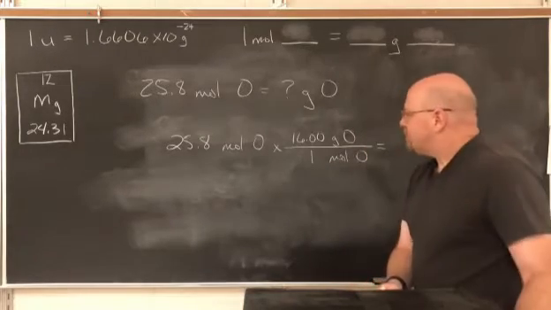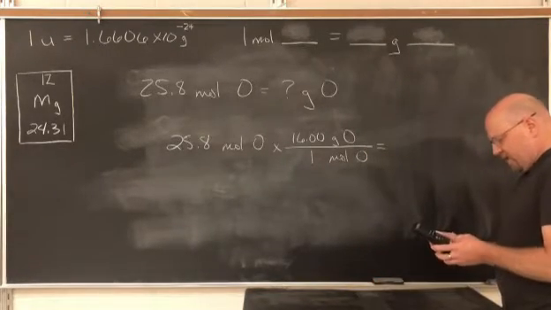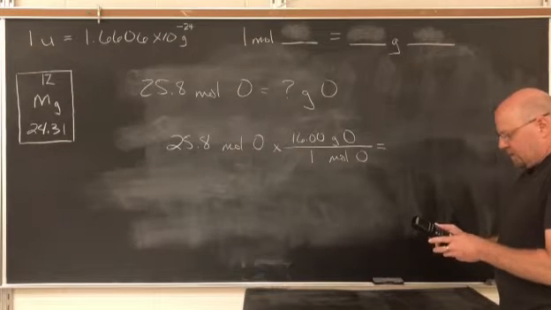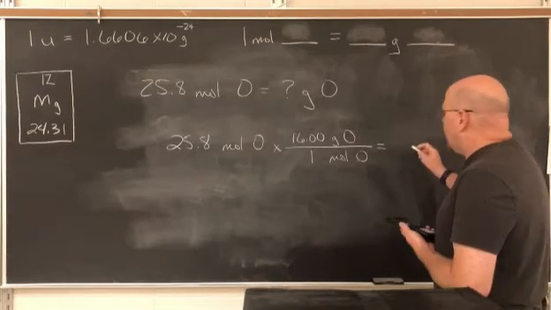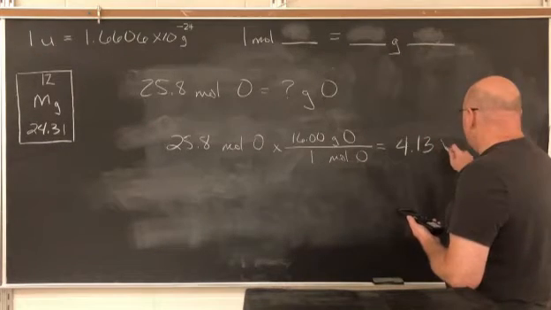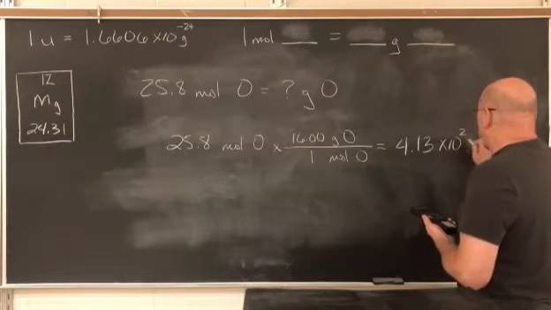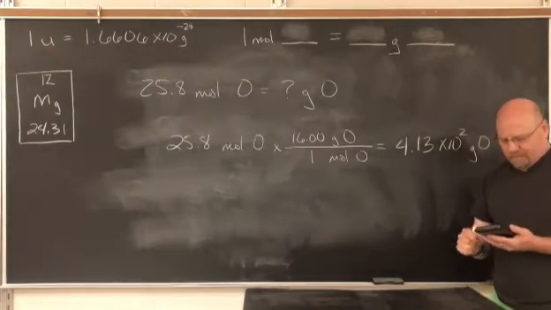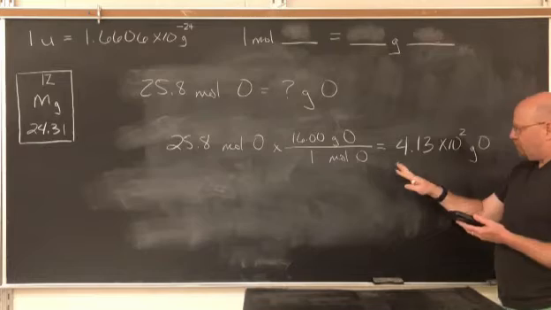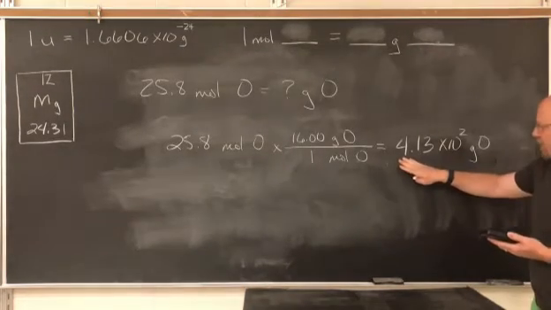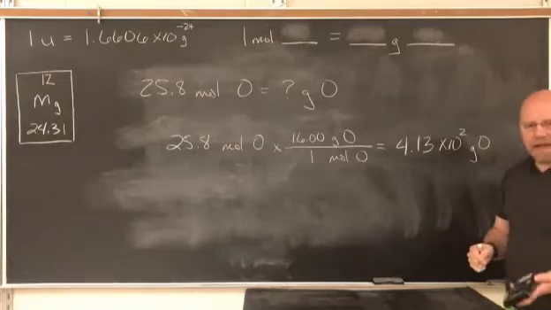Calculate that out. 25.8 times 16, and we're going to get 4.13 times 10 to the second grams of oxygen. On your calculator it came out 4.128, but since we only need 3 significant digits, we dropped that 8 and rounded up to 3.